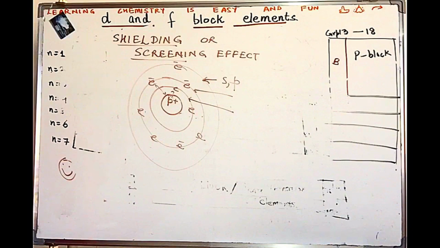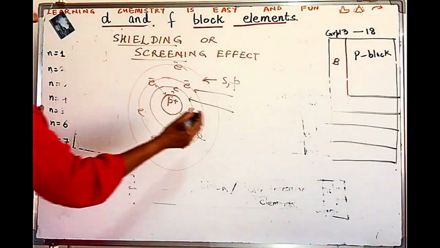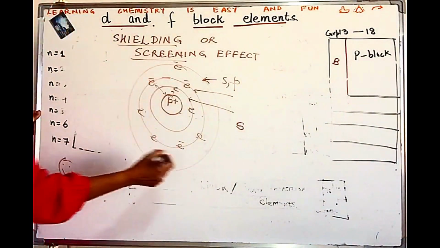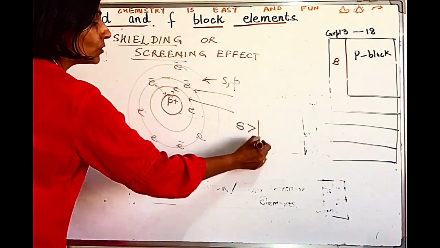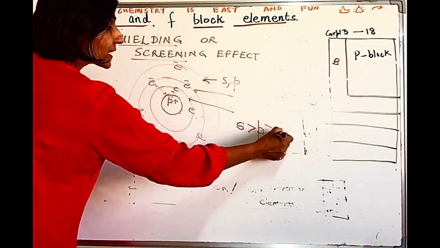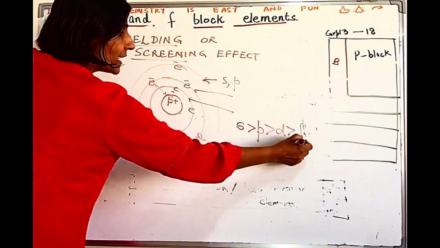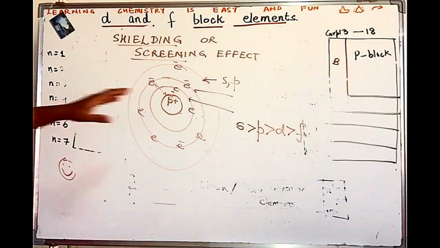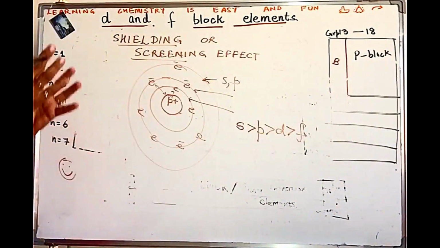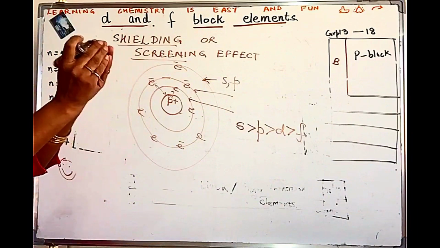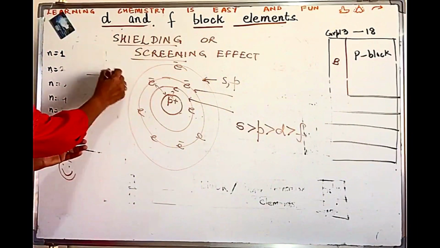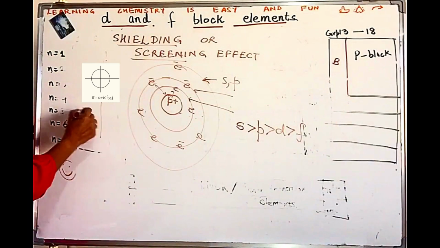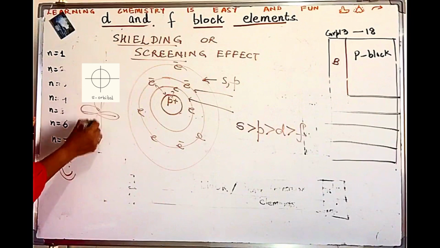Right? But what we have to remember over here is that the shielding effect of the S electrons is more than that of P, which is greater than that of D, and the weakest is for F, because S electrons are very much focused. We are spherical, that's it. We are not moving here and there. P electrons are spreading out now, right?